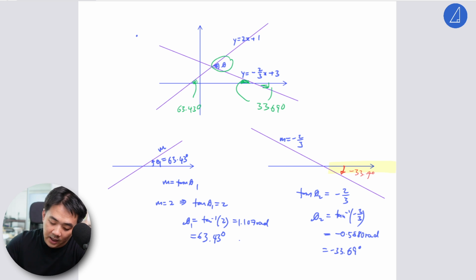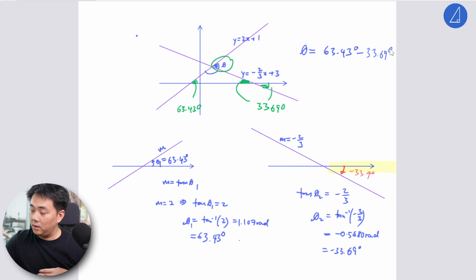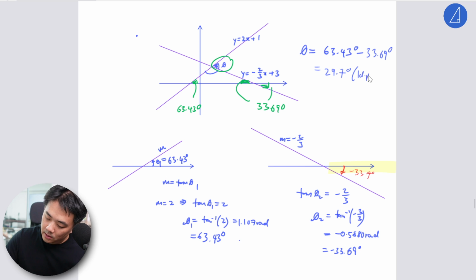So to get theta, the angle between the two lines, you take this guy minus this guy, or you can take 180 minus this, but essentially you take 63.43 minus 33.69 degrees. The angle between them will be 29.7 degrees, 1 dp. Okay, angle between lines.